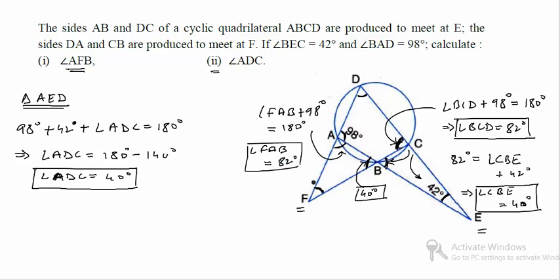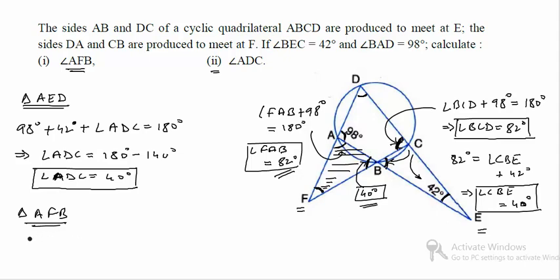So now in this triangle AFB, two values of angles are already known. One angle is 82 degrees, another angle is 40 degrees. So again, in triangle AFB, let us use angle sum properties and get the value of angle AFB.